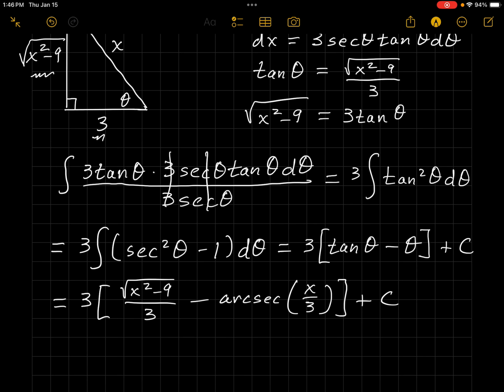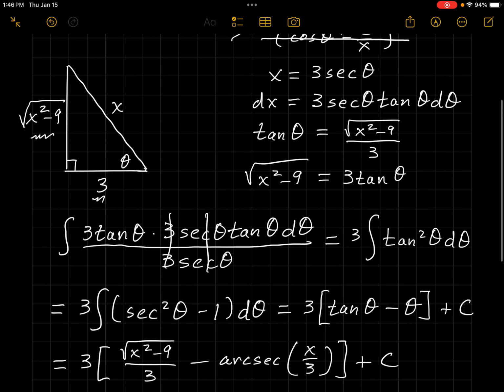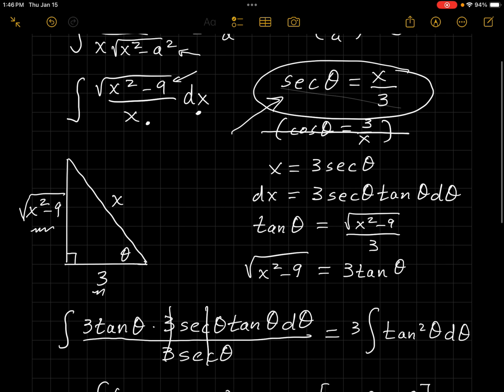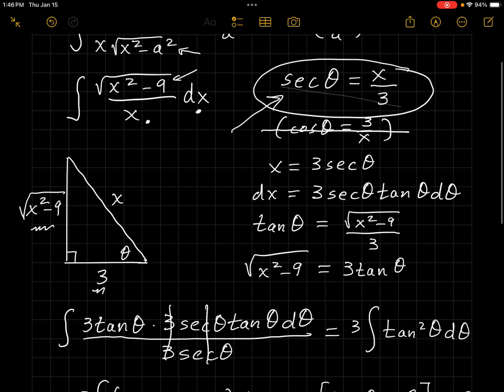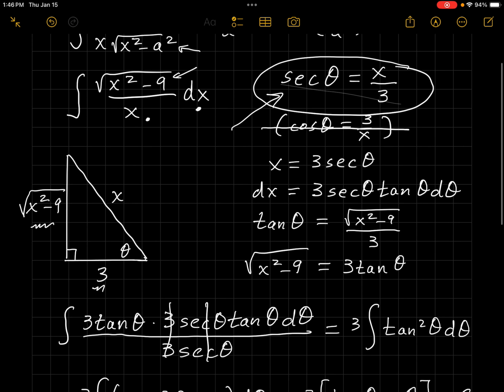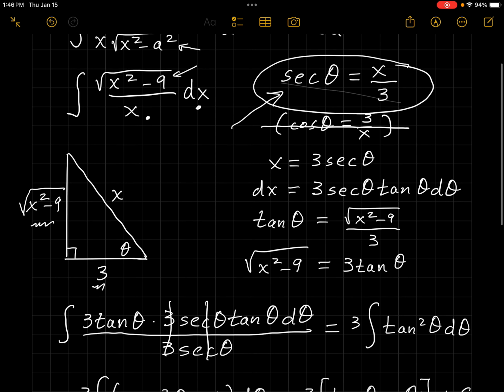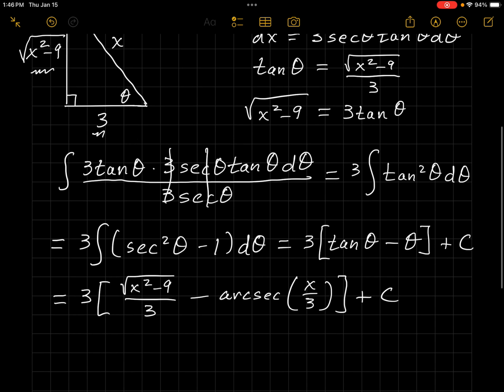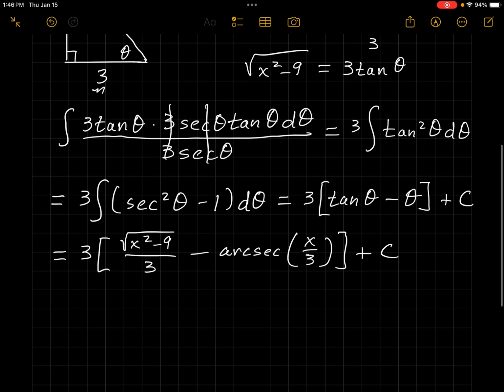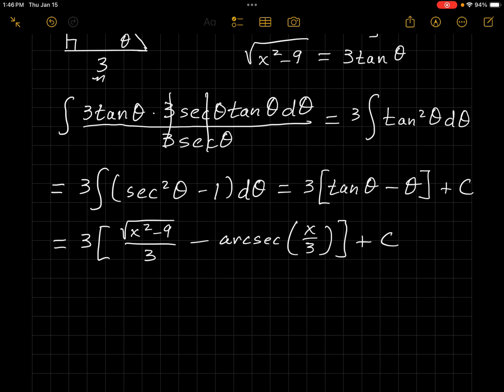I'll go back up so we can see it again. If secant theta is x over 3, then theta is the arcsecant or inverse secant of x over 3, which is what we will substitute for this theta.